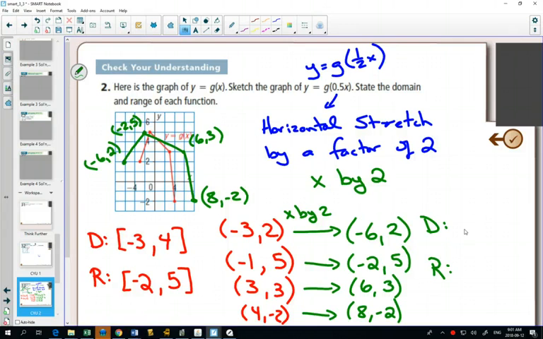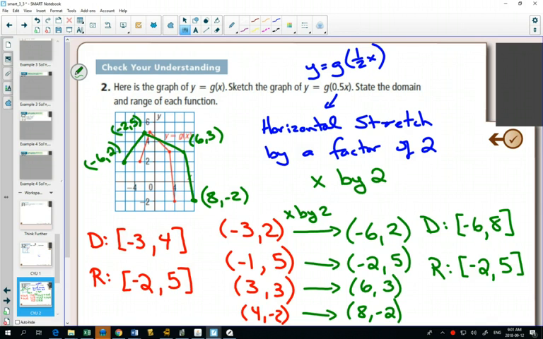For my green graph, my smallest x value is negative 6. My largest x value is 8. My smallest y value is negative 2. My largest y value is 5.